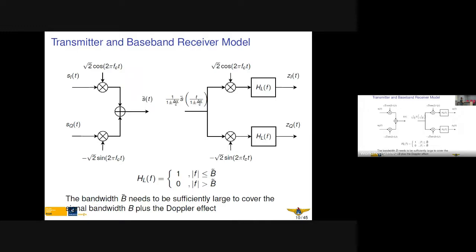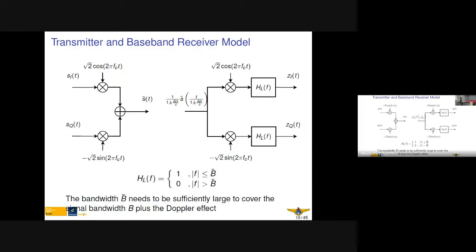Down conversion, with an ideal low pass filter also. So we multiply this signal by square root of 2 cosine 2π f_c t in one branch, and in the other branch by minus square root of 2 sine 2π f_c t, then pass it through a low pass filter.